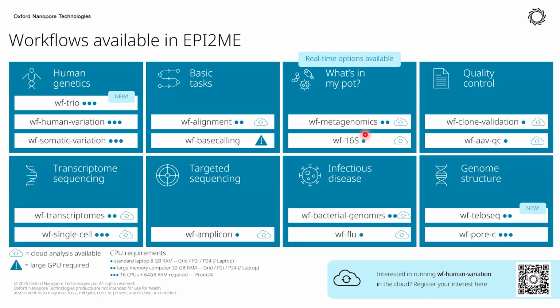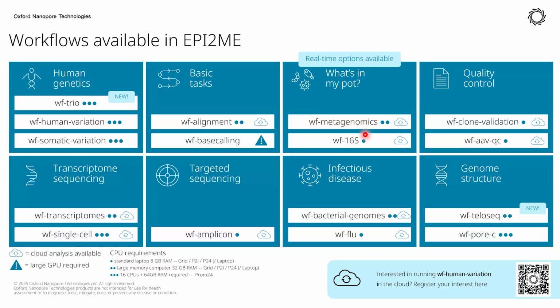For QC, we have a clone validation pipeline. So if you work with plasmids and you want to do sequencing on your device, you can use clone validation to do a de novo assembly of your sequences, or to check for variants against the reference file that you provide. And an AAV QC that does the same thing for AAV samples.